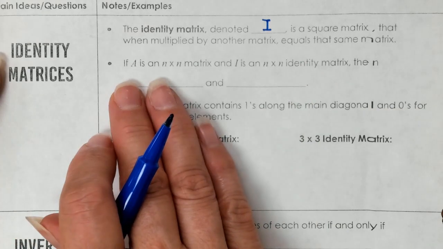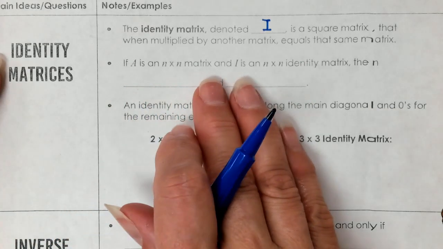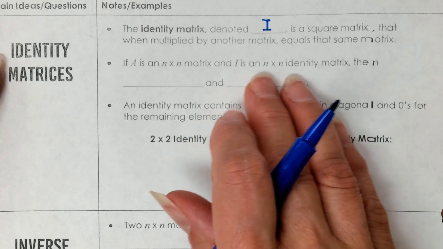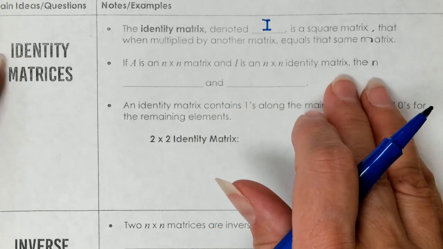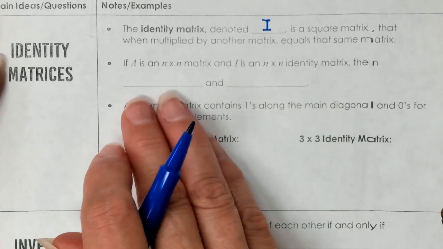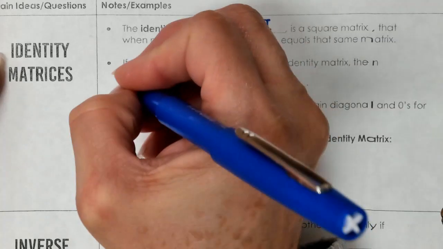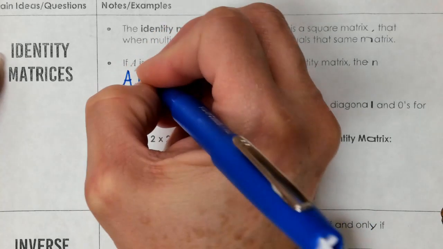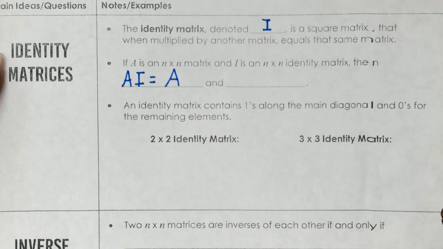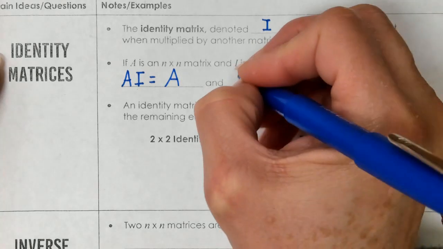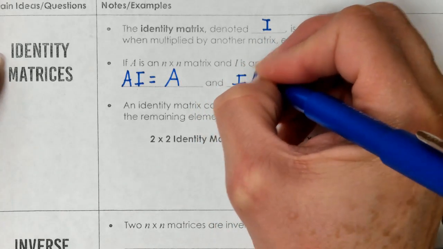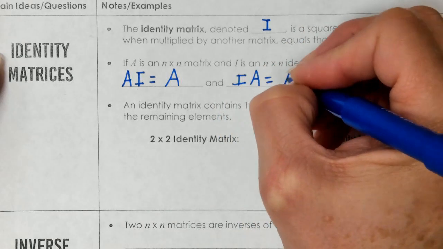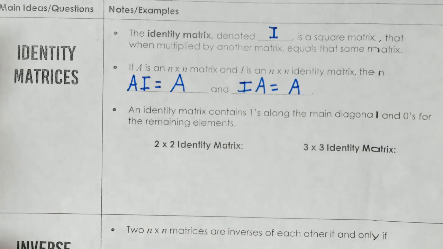Now, if A is an n by n matrix and I is an n by n identity matrix, then it says that if we multiply A times I, we're going to get A. Or if we multiply I, the identity matrix, times A, we're still going to get A. Because the identity matrix is really equivalent to the value 1 in real numbers. Okay?